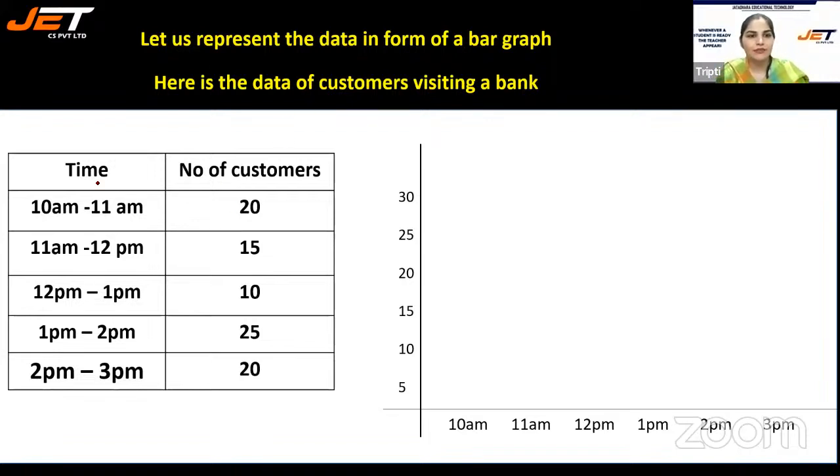So from 10 a.m. to 11 a.m., 20 customers are there, right? So 10 to 11, I'll mark it up to 20, like up to here, from 10 a.m. to 11 a.m. Then from 11 a.m. to 12 p.m., 15 are there. 15 customers visited the bank between 11 a.m. to 12 p.m. Then 12 p.m. to 1 p.m., 10 customers visited. 1 p.m. to 2 p.m., 25 customers.